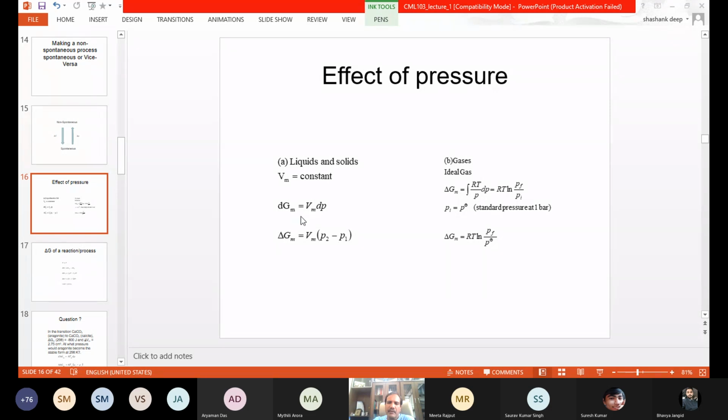This equation is valid for liquids and solids, but for gases V depends on pressure. If a gas behaves as an ideal gas, then Vm will be RT by P, and if you integrate at constant temperature, the temperature can be taken out, and then you get this equation. This is the equation through which you can look at the effect of pressure on the G value.